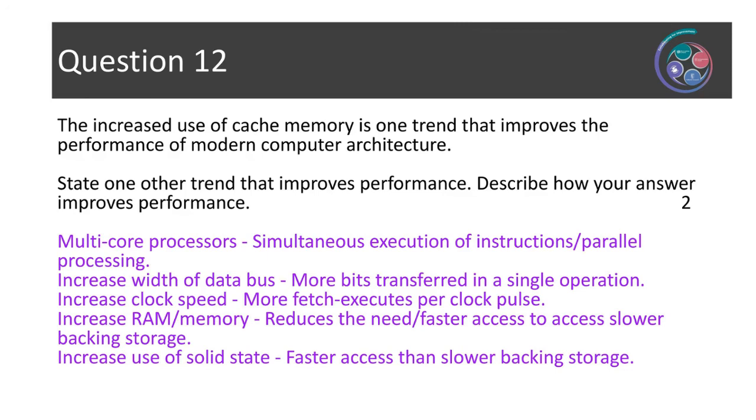It's just used to temporarily hold instructions, and then the data can be processed and used by the CPU far quicker. And of course, saying that cache is closer to the CPU than the RAM is, or saying that RAM is faster than your stored backing storage, all of those are appropriate solutions to the problem there.